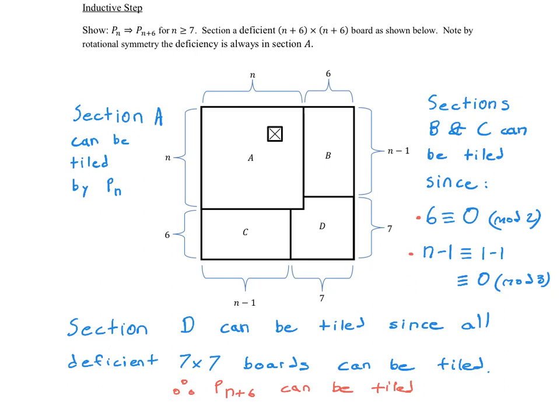But in a previous video we also looked at the 5 by 5 boards and showed which ones are possible and which ones aren't possible. But every other case, for 2, maybe not 5, but 8, for 11, all of those cases that have n congruent to 2 in mod 3 can be tiled. Give it a try to show why.